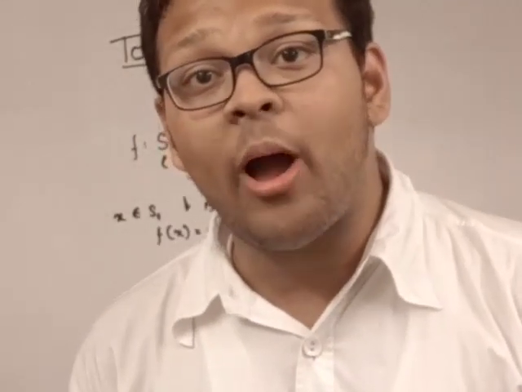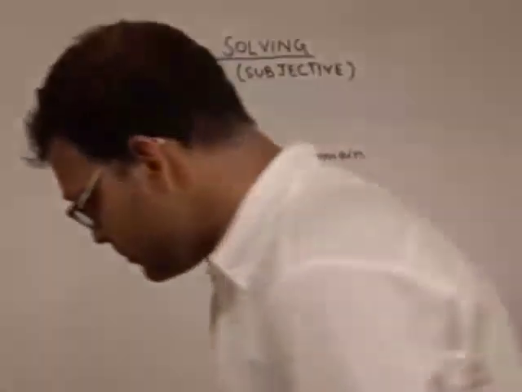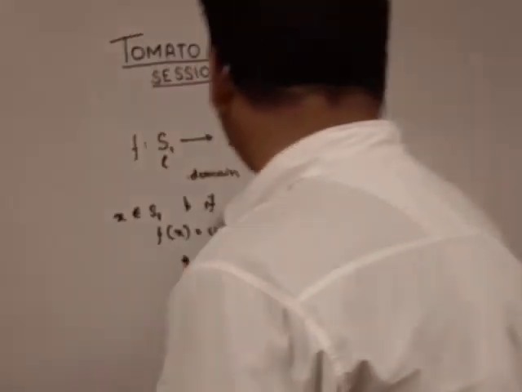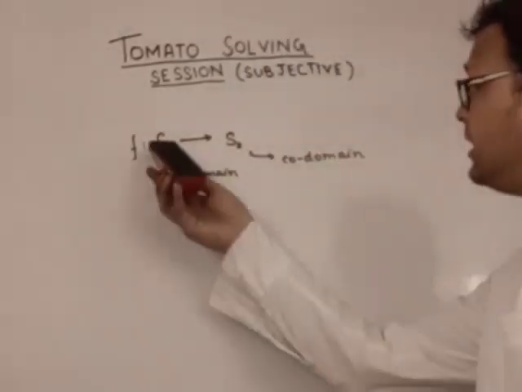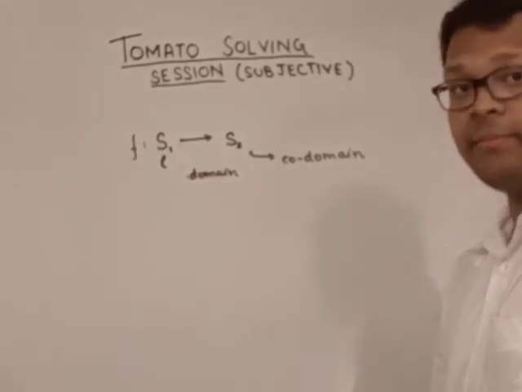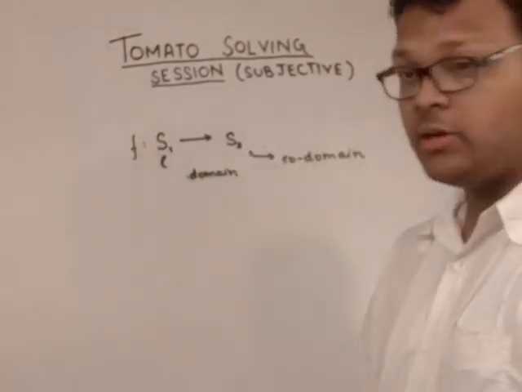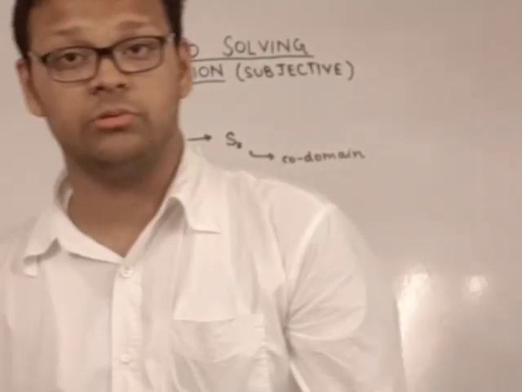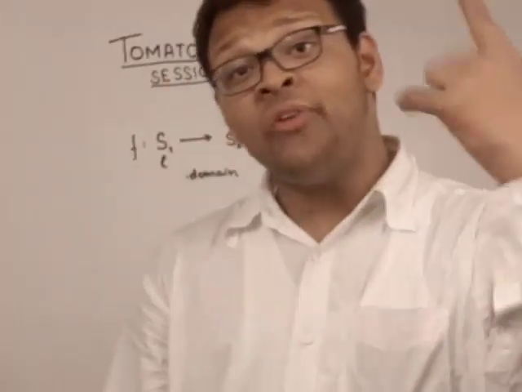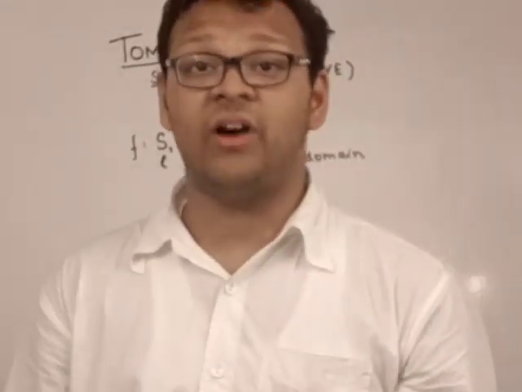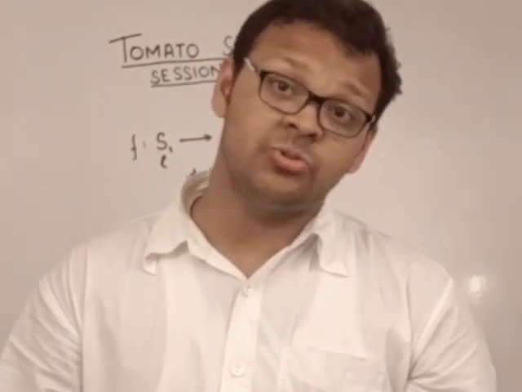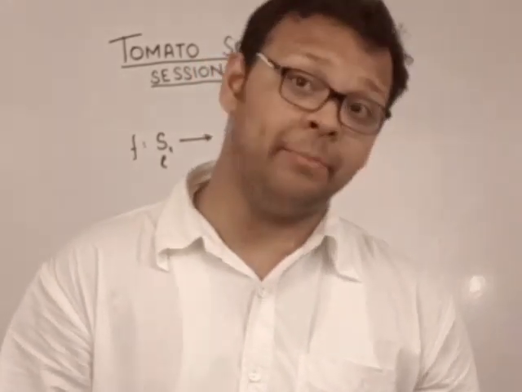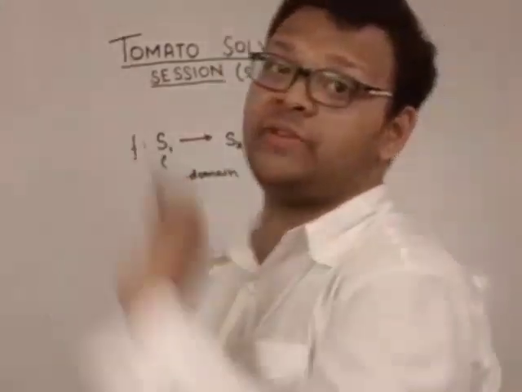Now what is an onto function? You have understood that every element of S1 must be mapped with at least one element of S2. An onto function is a special type of function in which every element of S2 has been mapped with at least one element of S1.